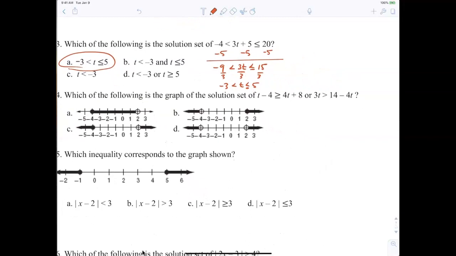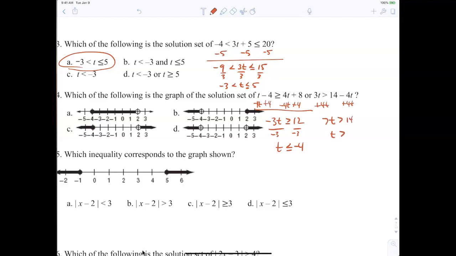Now let's look at this one. All right. So I'm adding 4, subtracting 4t. So I get -3t is greater than or equal to 12. Dividing by -3, don't forget to switch the sign, so t is less than or equal to -4. Over here, adding 4t, 7t is greater than 14.